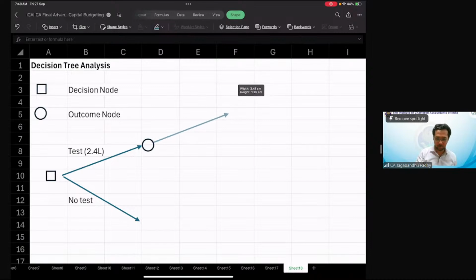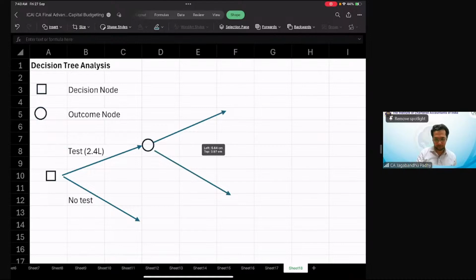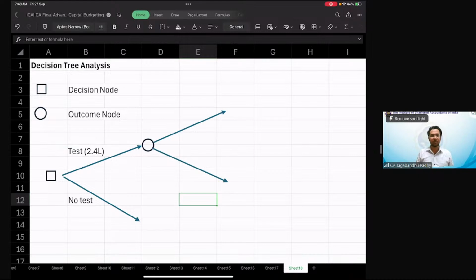Either we will get the success, or we may face failure. So we have two outcomes from this node.